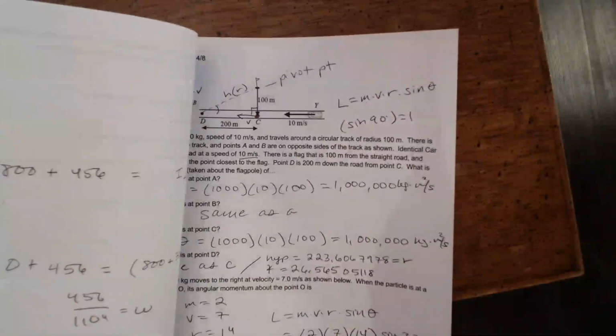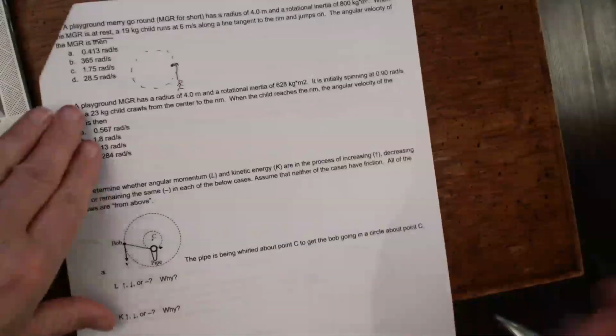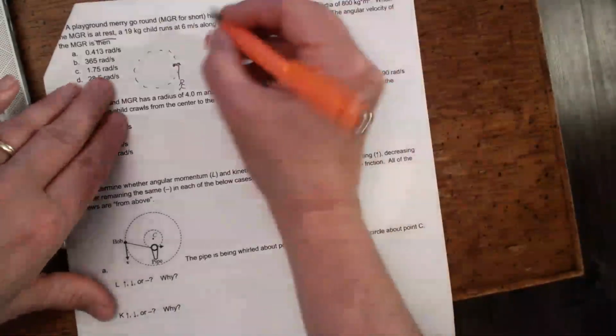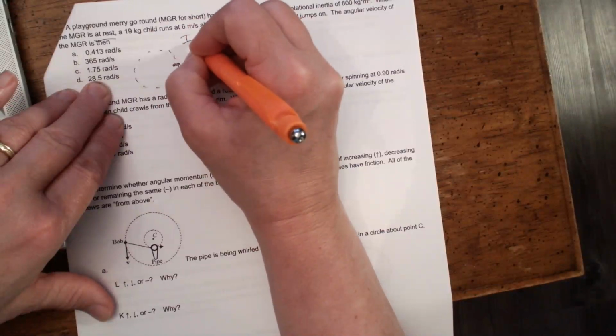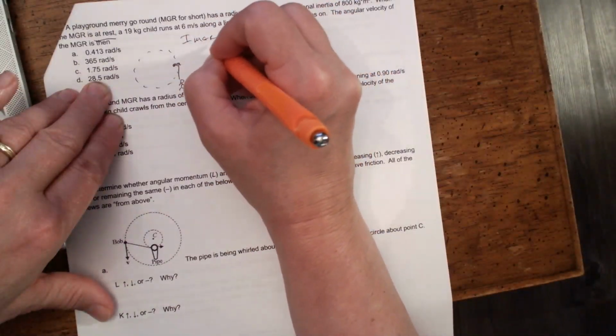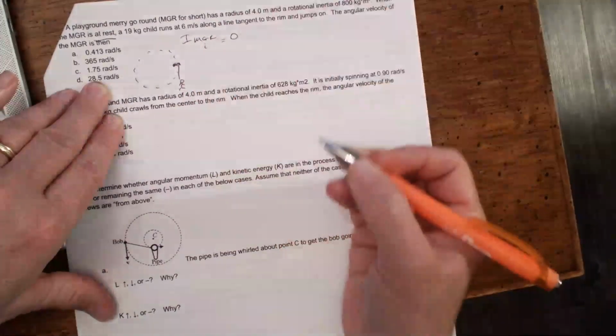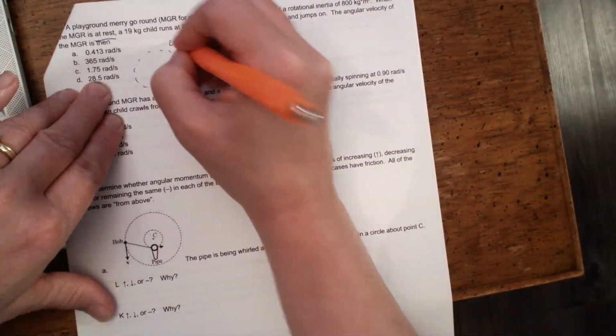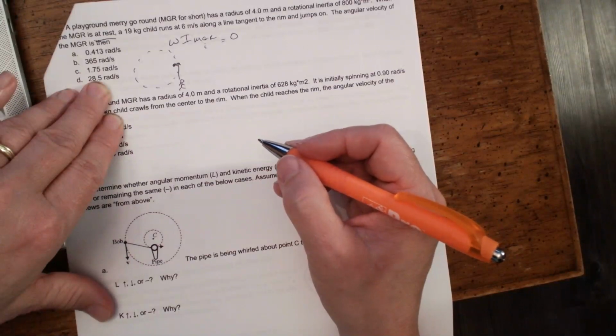So this one we could do using conservation of angular momentum. So starting off, I'm just going to use MGR for short for merry-go-round. Our initial merry-go-round angular momentum is 0 because it's at rest.